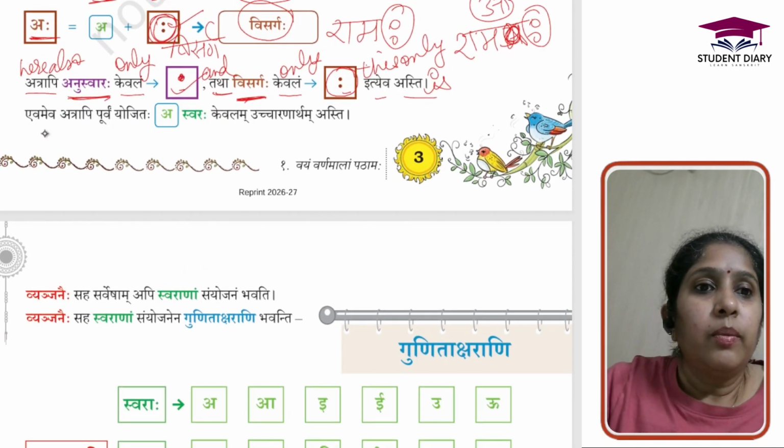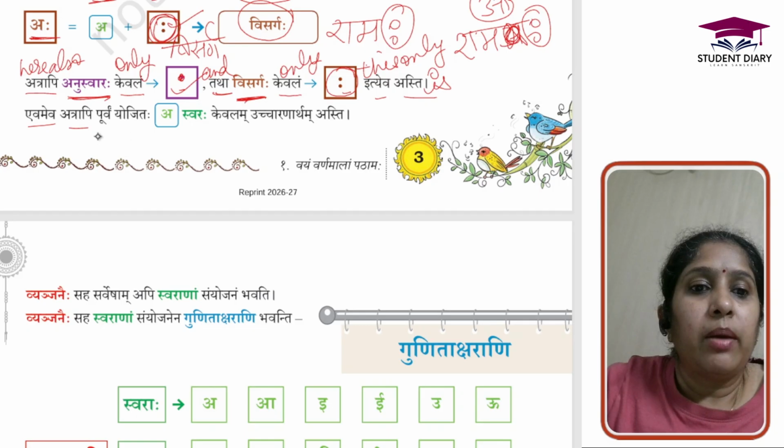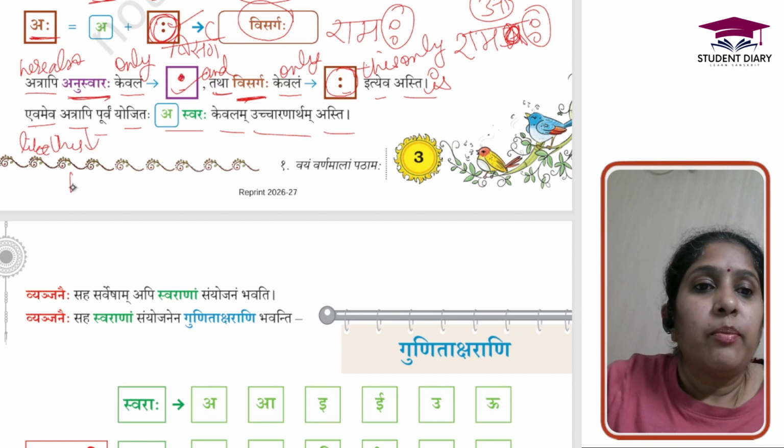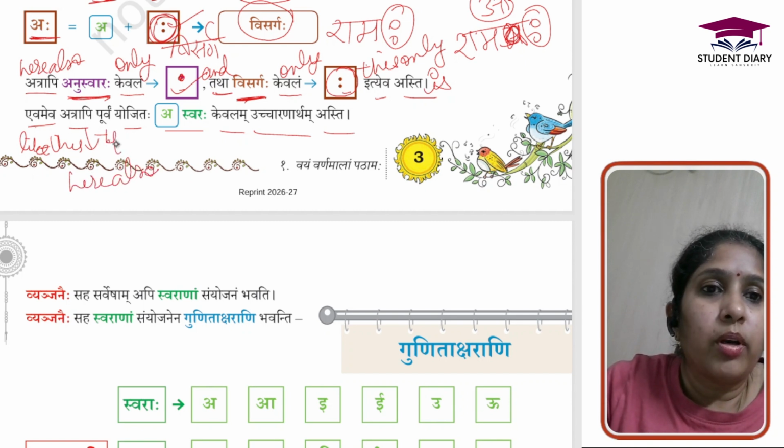Correct? So evam eva atra api purvam योजितः अस्वरः केवलम् उच्चारणार्थम् अस्ति. Evam eva means like this. Atrapi means here also. Purva means before. Yojitaha means added. So what is added? Aswaraha.